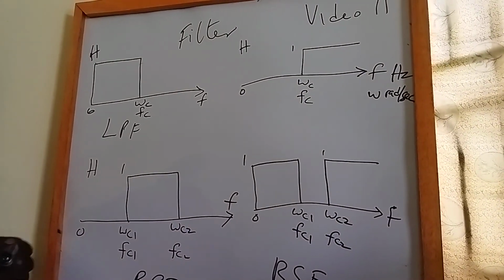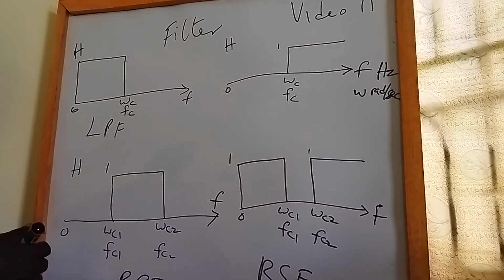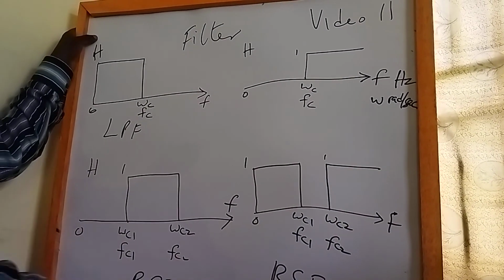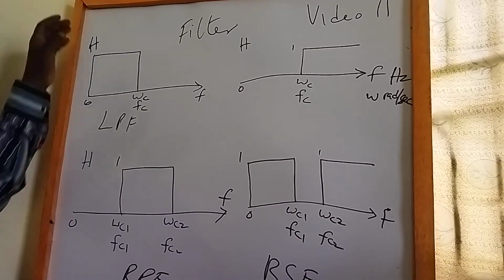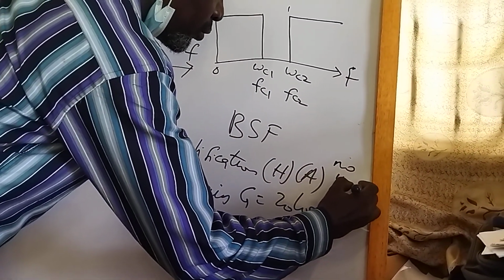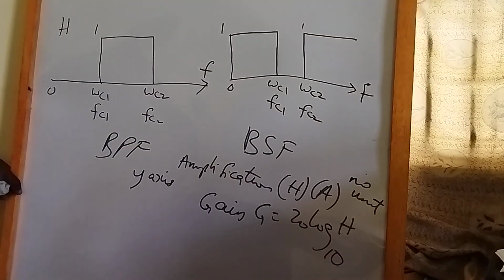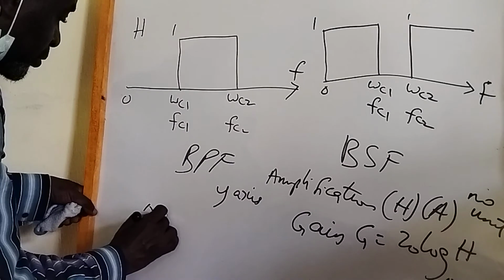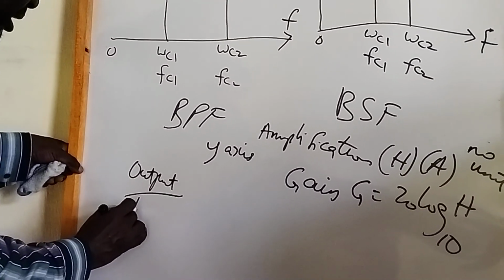Both possibilities are related to each other. Let me come again. If you want this axis to be amplification, A, it has no unit, because it is just output over input.